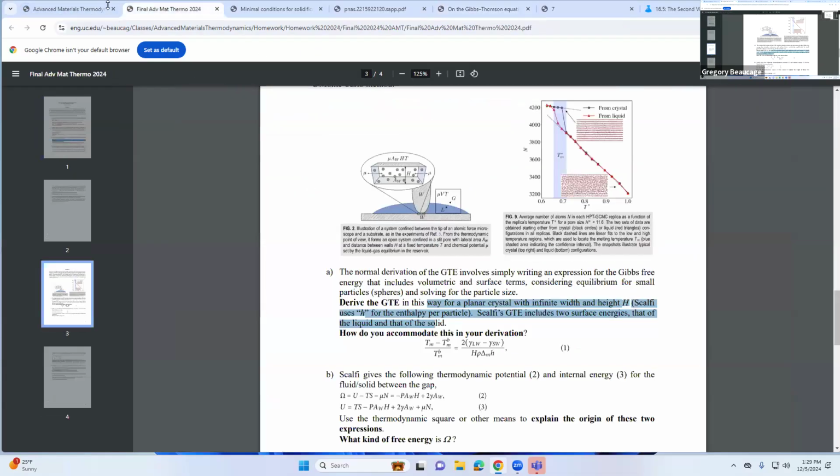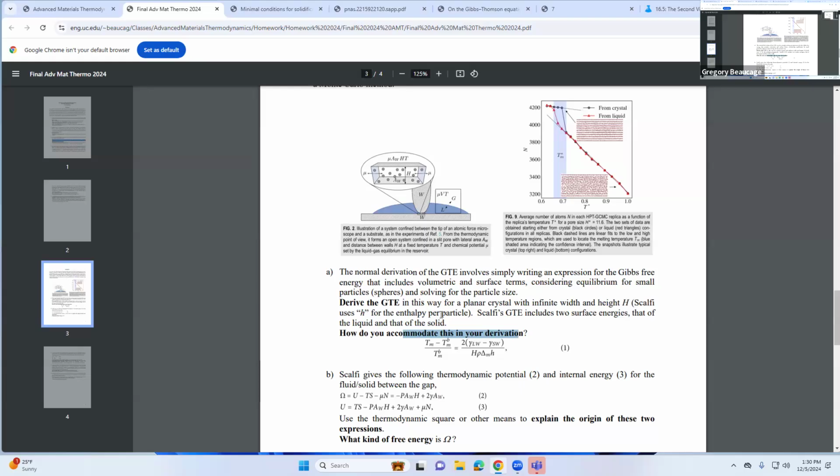See, it has two surface energies because it's not a particle in void, it's a particle immersed in this liquid, right? So for those two gammas, the driving force is going to be the difference. Then how do you accommodate this in your derivation? To accommodate that, you just replace this gamma with gamma minus gamma, because the geometry is different.